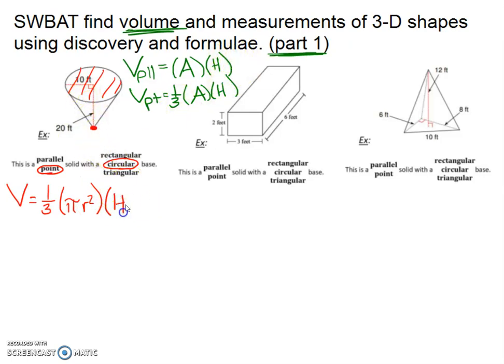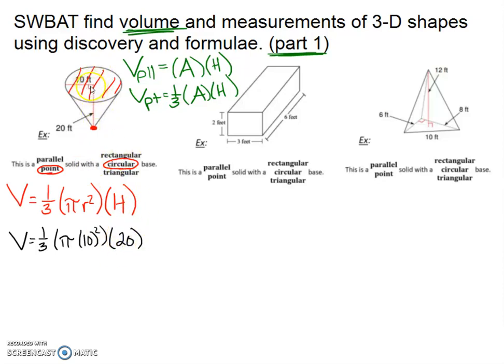I typically use a capital H there to differentiate it from other heights that occur in triangles and rectangles, but you don't have to. Once you get that, you're basically just filling this in and simplifying it. So in this case, we have 1/3 pi times the radius squared, so that's pi times 10 squared. And then the height of the entire shape is 20 feet.